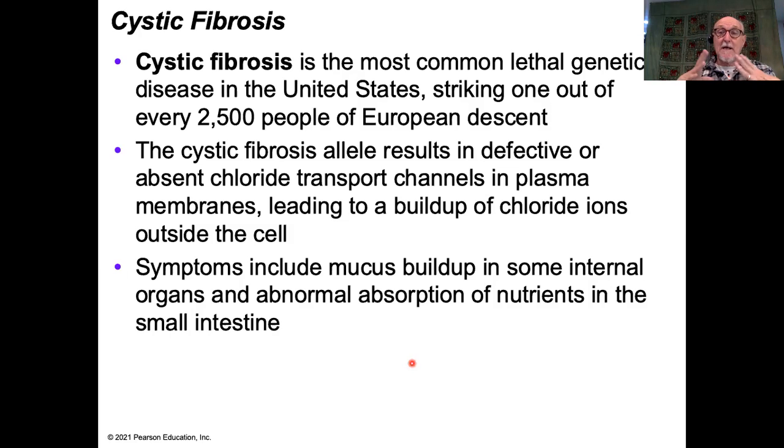As a result, debris and bacteria tend to accumulate in the mucus, and the mucus accumulates around the alveoli and ends up causing lung dysfunction, ultimately lung scarring. But it also affects the function of the kidneys. It also affects the absorption of nutrients in the gut. It affects the sweat. It affects many different aspects of human physiology.